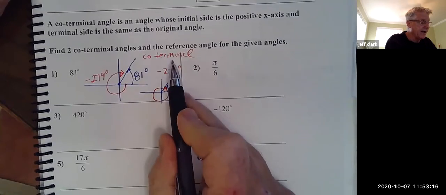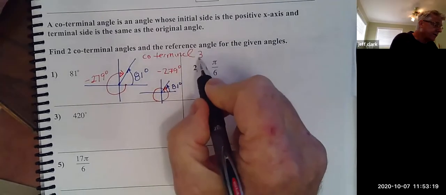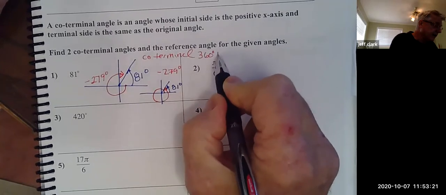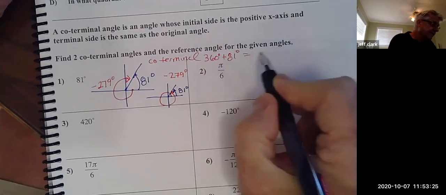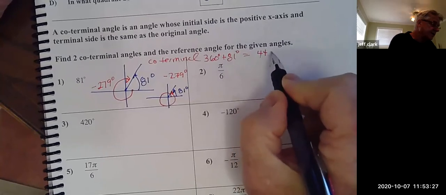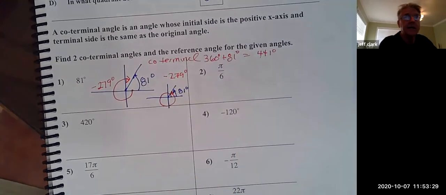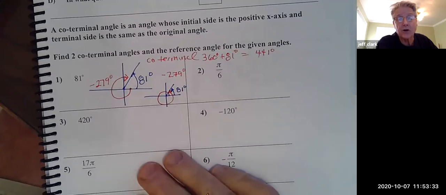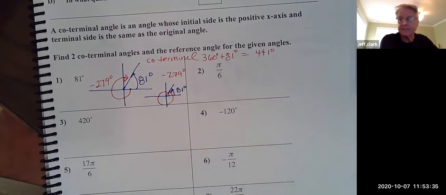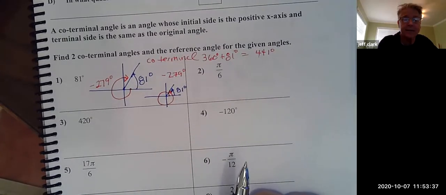So a coterminal angle in this case is 360 degrees all the way around plus the original 81, which is 441 degrees. That's a coterminal angle. You actually have infinitely many coterminal angles.